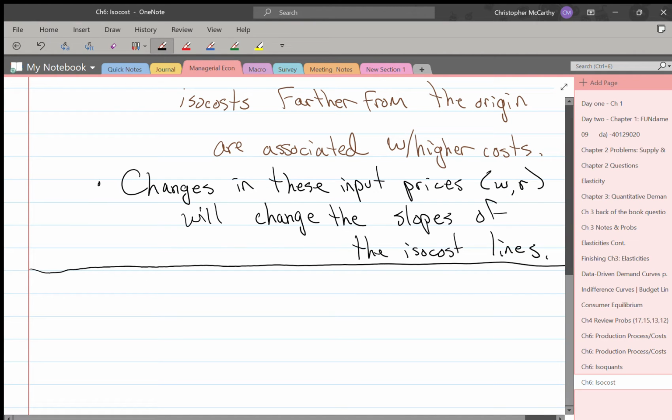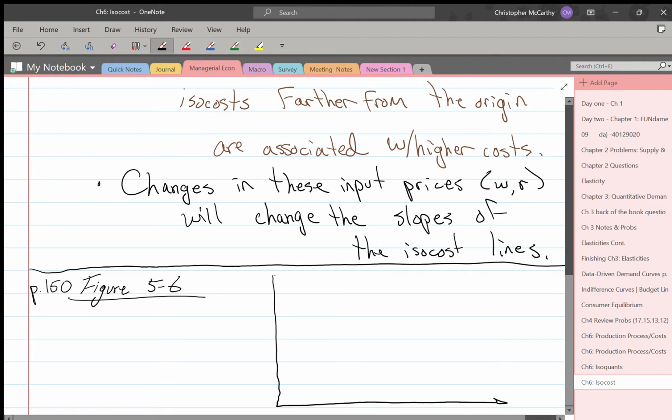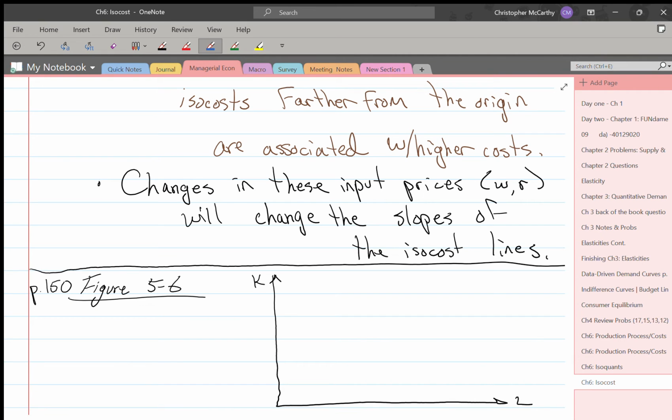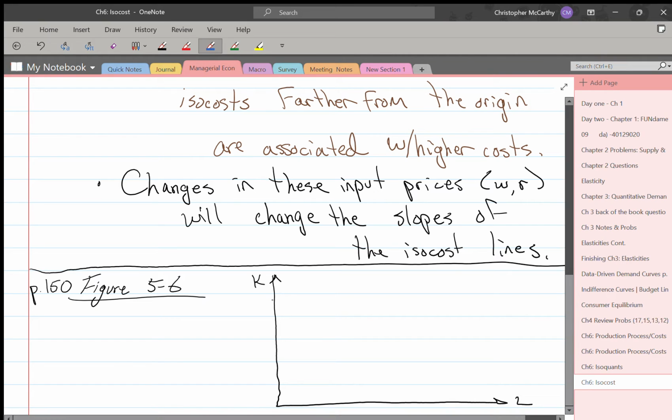So let's go ahead and do some graphs. This is figure 5-6 in your text. And so this is going to be a straight line.